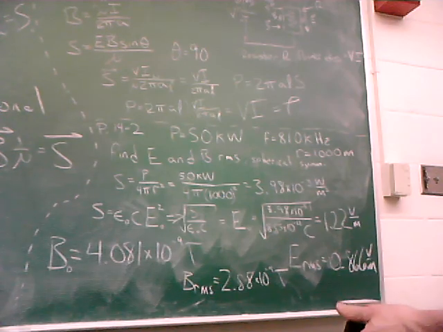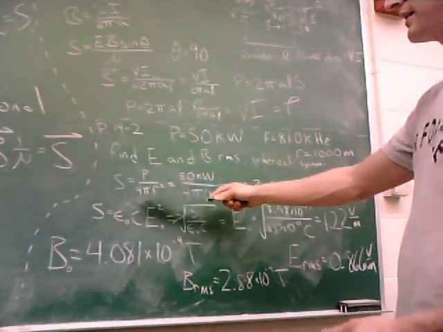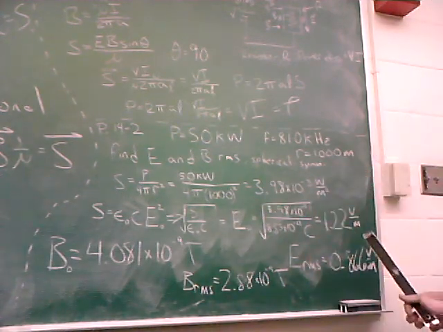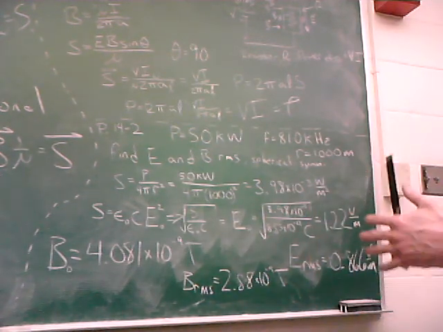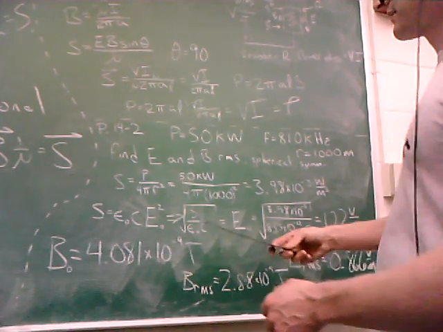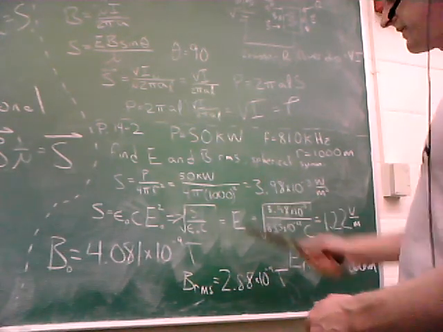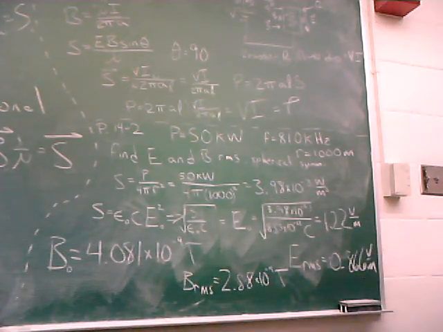So we can immediately calculate S. For this, we say power divided by, using spherical symmetry, the area of this sphere, which is 4 pi r squared, which after dividing it all, we get 3.98 times 10 to the negative 3 watts per square meter.